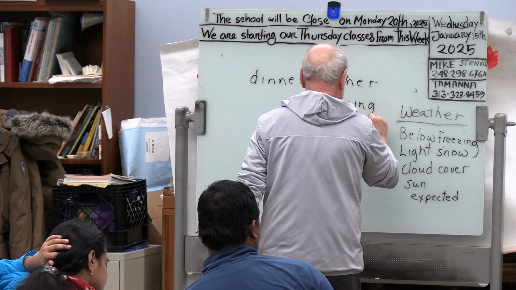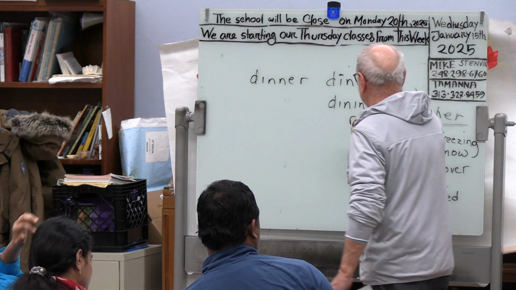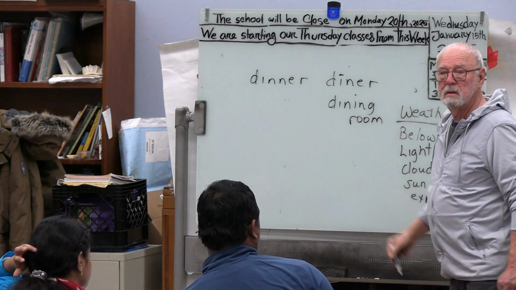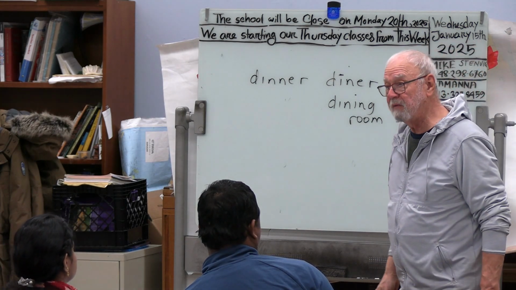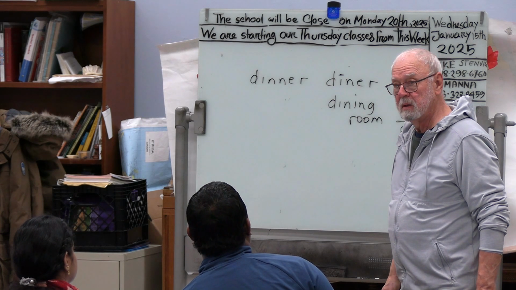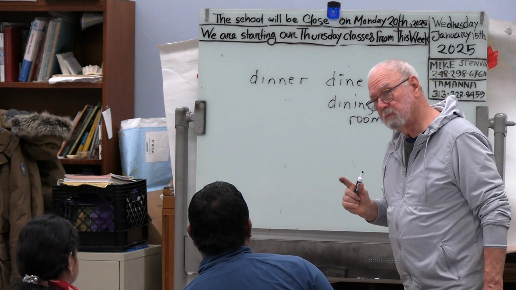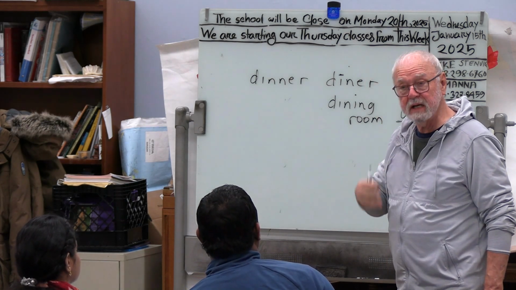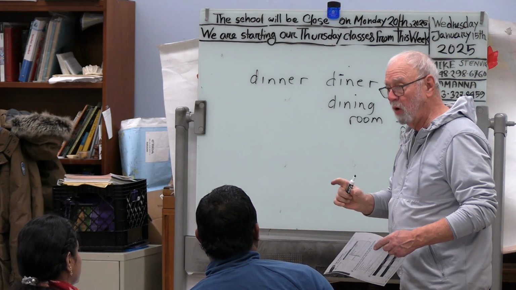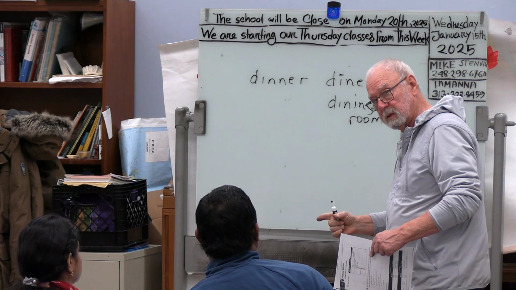You also know this word? Dining room. You may have that in your house. What is the kitchen? The kitchen usually has the stove, refrigerator, sink.